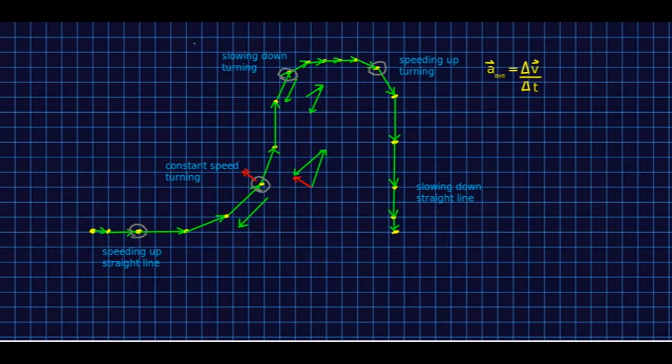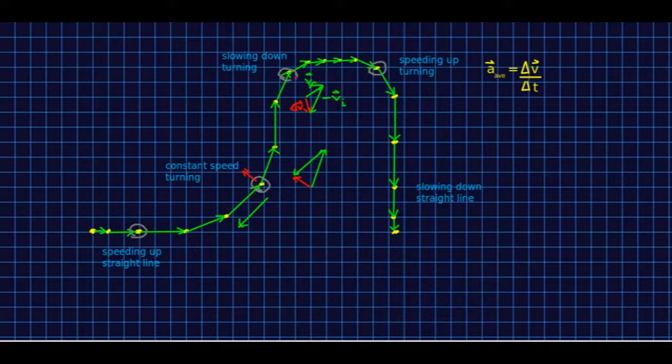And let me label those. So this is my vf. This is my minus vi. And so now I have a delta v right here.